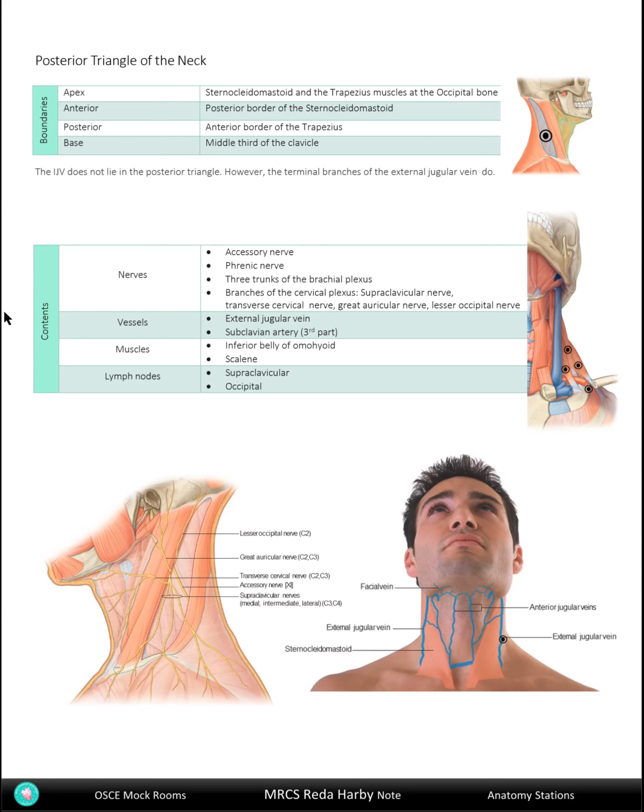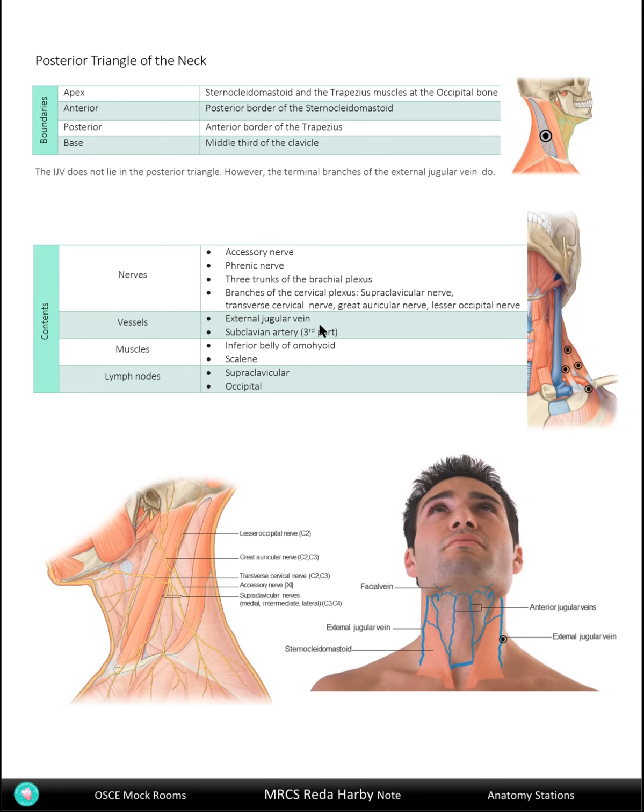What are the contents of the posterior triangle? We have nerves, muscles, vessels, and lymph nodes. As I have illustrated, you have nerves like the phrenic, accessory, 3 trunks of the brachial plexus, and branches of the cervical plexus.